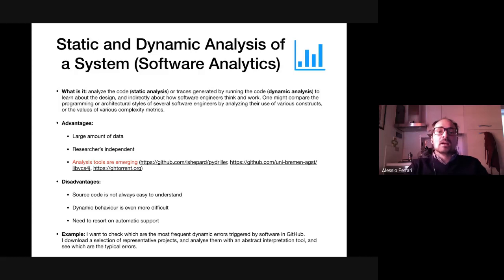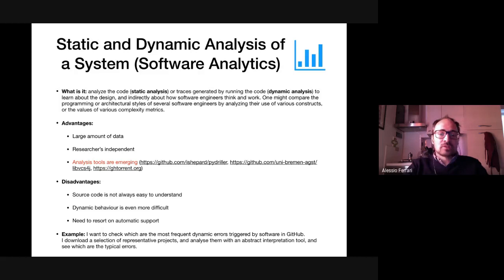One might compare programming style or architectural style of different software engineers by analyzing, for example, their use of the constructs and the values of the various complexity metrics. So by looking at the software, I can get more information about you and your way of working. Okay. What are the advantages?